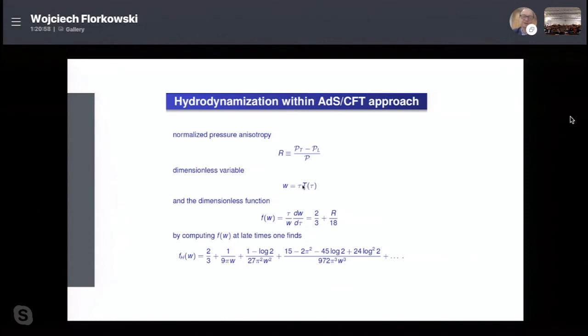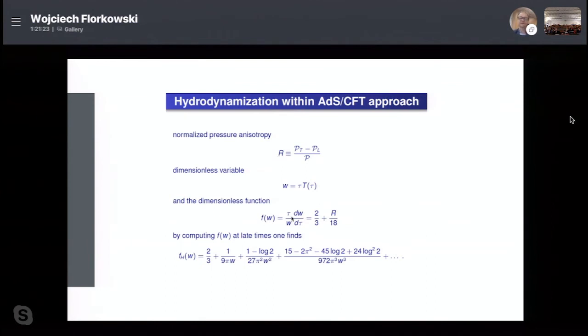And then they construct a function, which is again dimensionless, the ratio of the derivative of W with respect to the proper time, multiplied by the time and divided by W. So this function is actually a logarithmic derivative of W with respect to time, and it's related to this ratio.